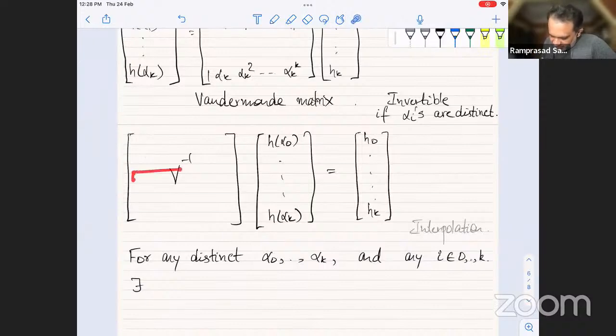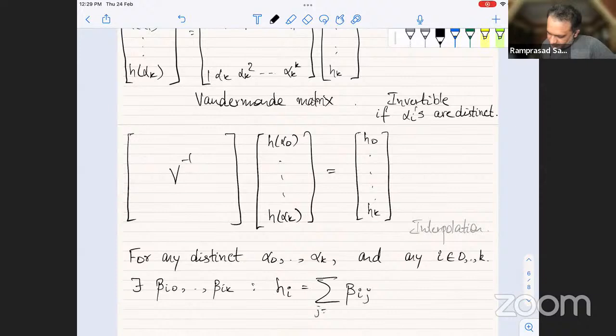That constant is basically the ith row of this inverse matrix. Okay, there exists constants beta i naught till beta ik such that the ith coefficient equals the sum over beta ij, j goes from 0 to k, of h of alpha j.